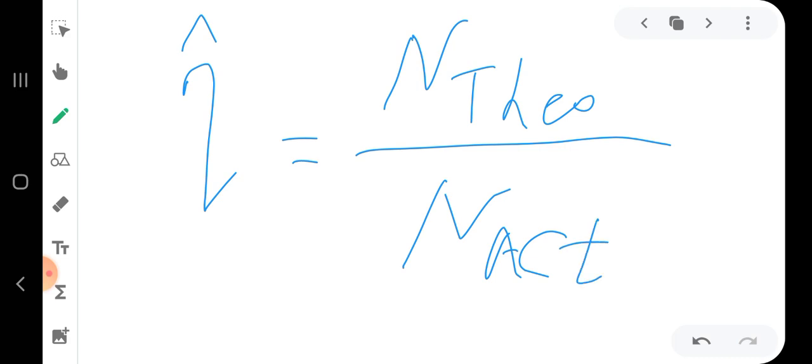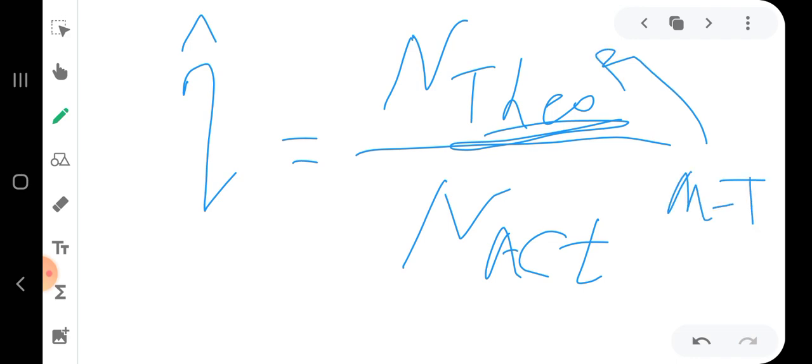What do we mean by theoretical stages? Theoretical stages are the stages determined from the theoretical approach, using equations and charts. For example, the stages determined using the McCabe-Thiele method, or using the Ponchon-Savarite method, which we are going to talk about in the next video.